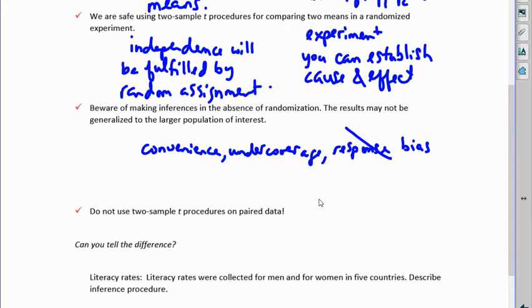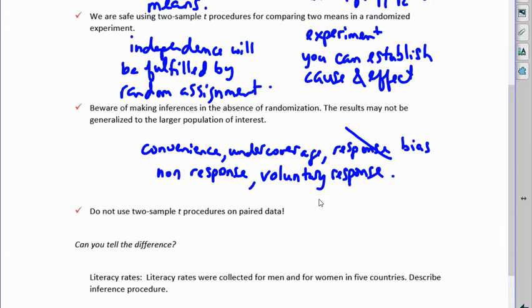I don't really like that one because that's just plain old lies. But if you have non-response, you don't know why they didn't reply. Were they not home? Were they not willing to answer? Or was it voluntary response, where those people have strong opinions and that's why they're willing to come forward? Under coverage is you left out an important group.